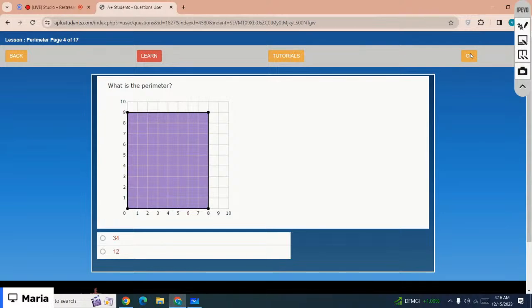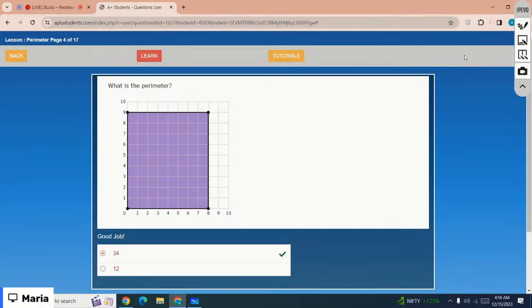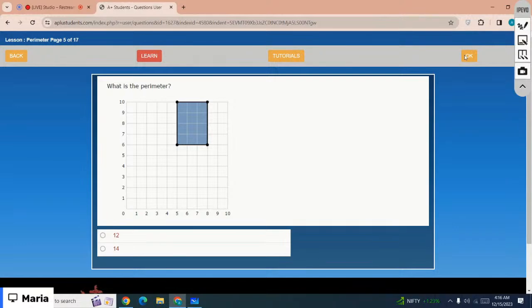What is the perimeter? Which is the correct option? Yes, the correct option is 34. Very good. What is the perimeter?